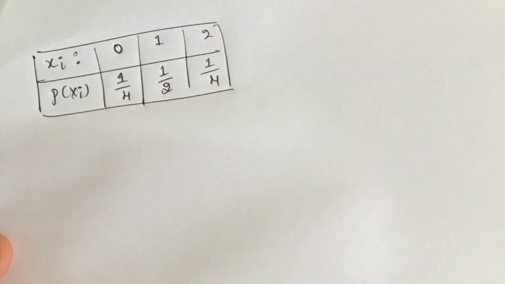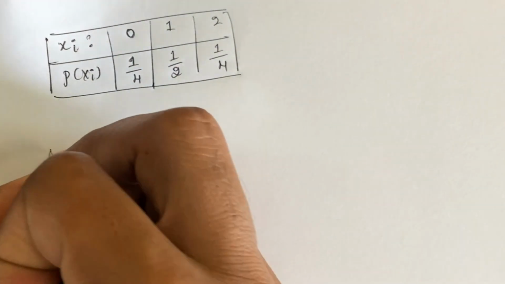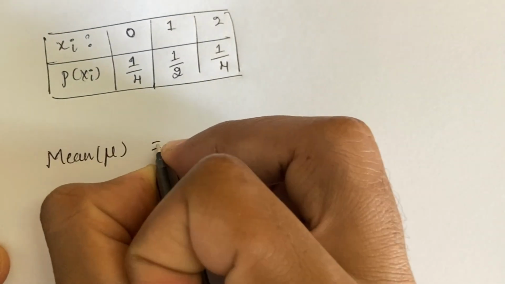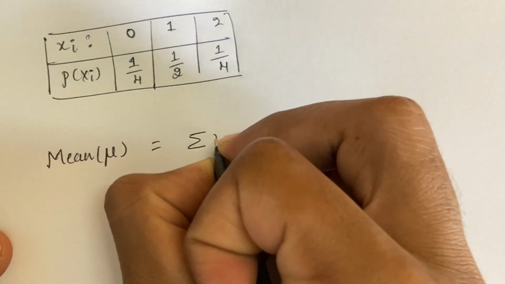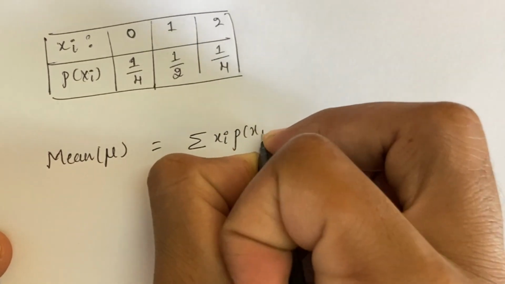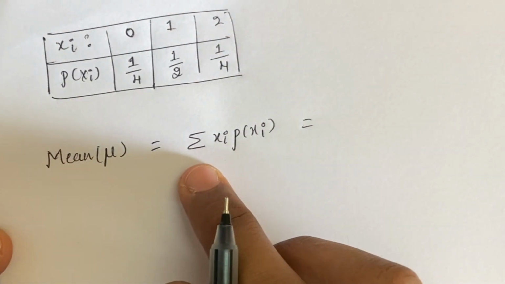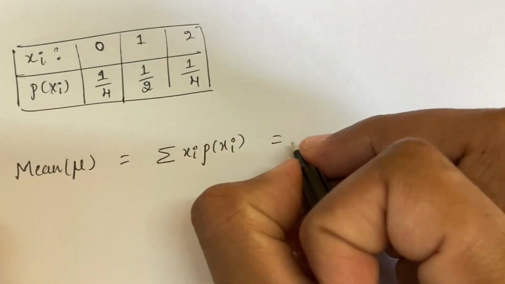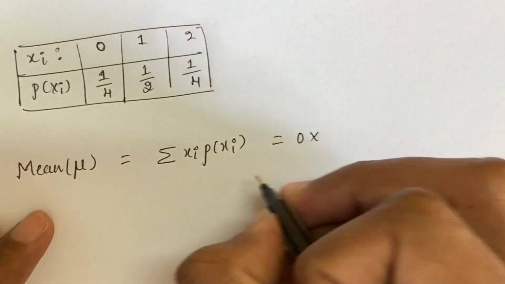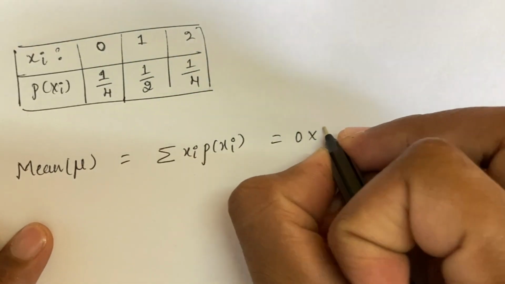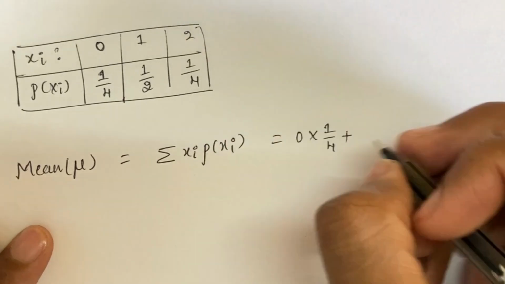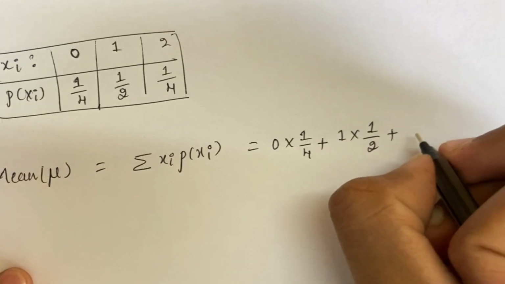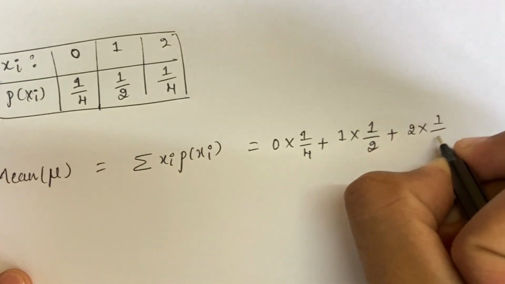Now we are going to find the mean. We know the mean formula: the mean is equal to the summation of xi times p of xi. Now what is summation? We should add all the values. The first x value is 0, so 0 into 1 divided by 4, plus next 1 into 1 divided by 2, plus 2 into 1 divided by 4.